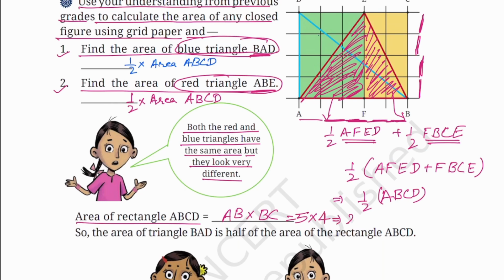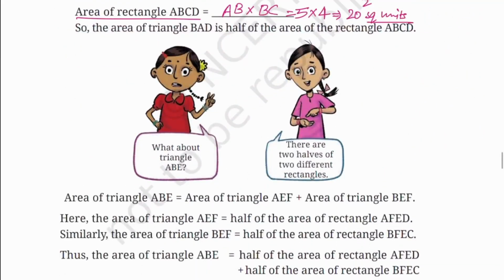That is 20 square units. So the area of triangle BAD is half of the area of rectangle ABCD, that is 10 square units.